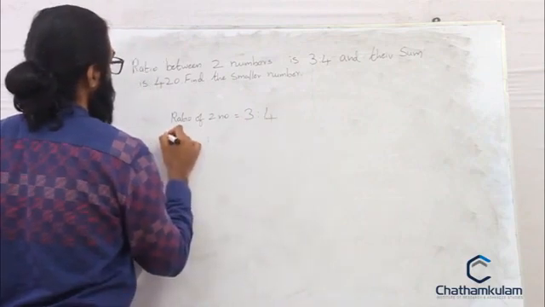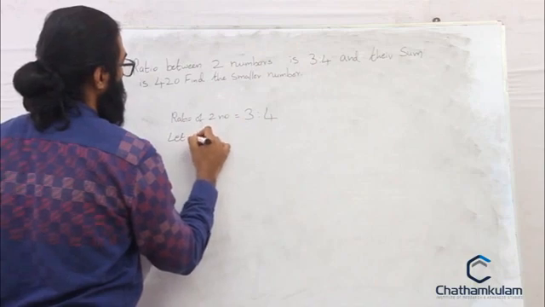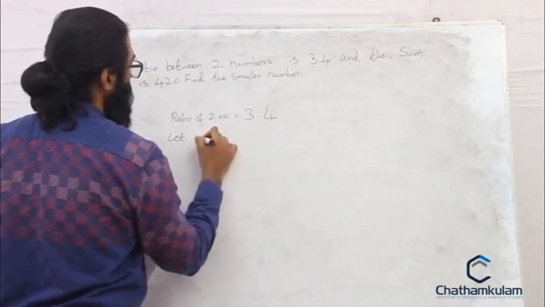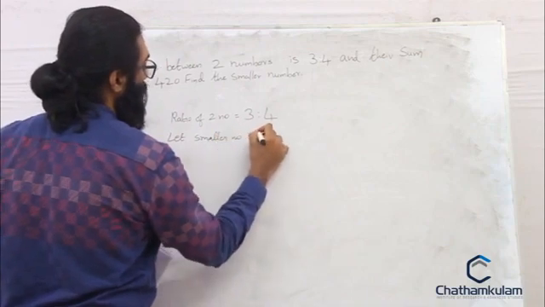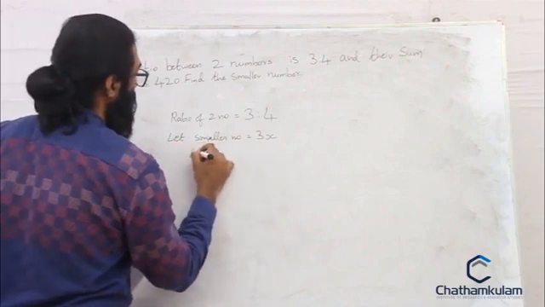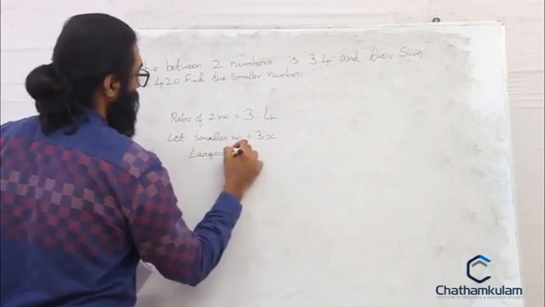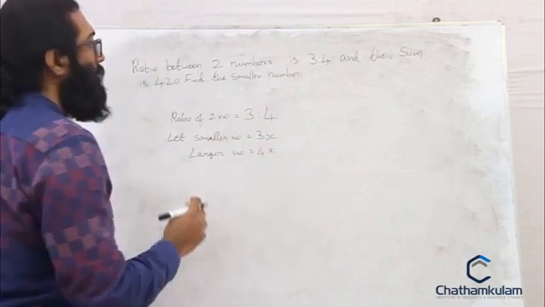Then let the smaller number be 3x and the larger number be 4x.